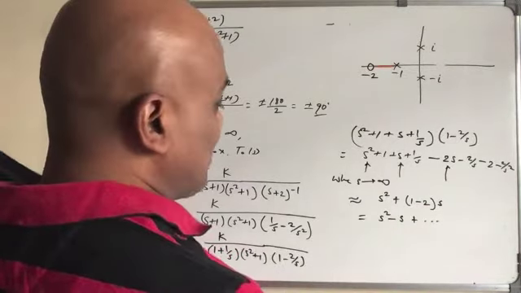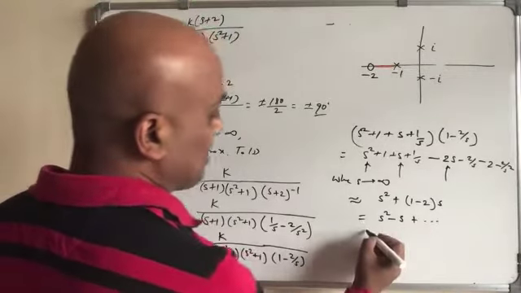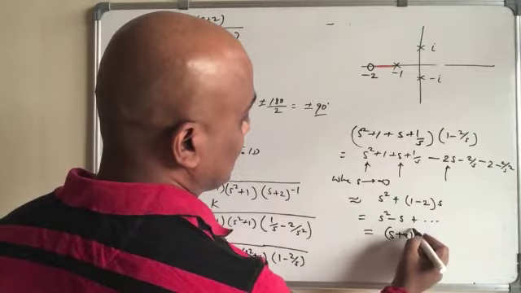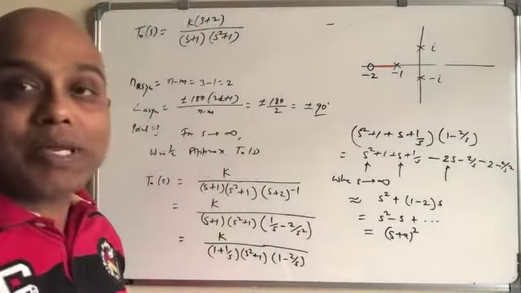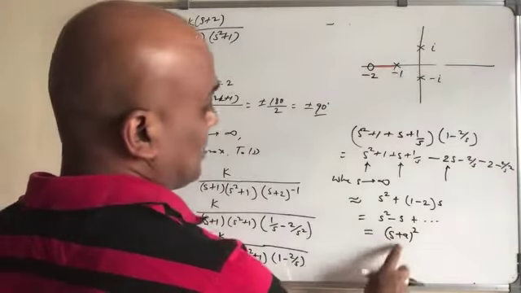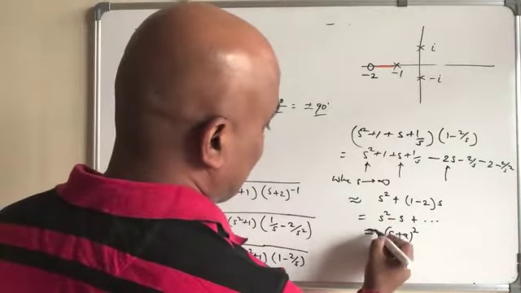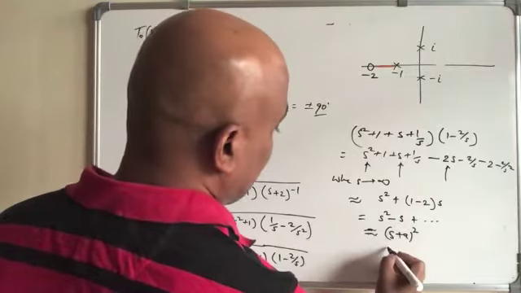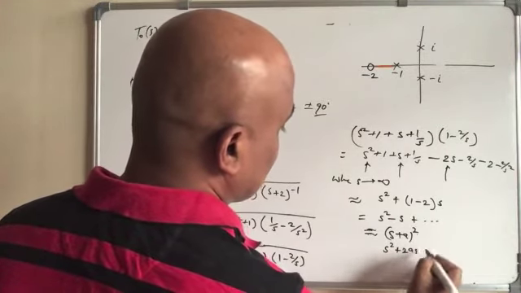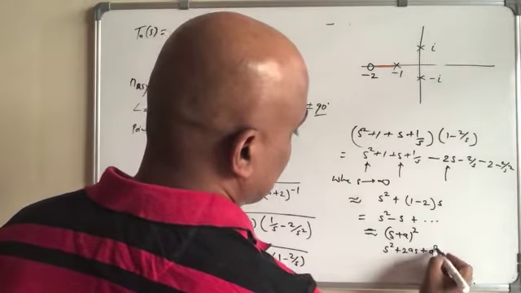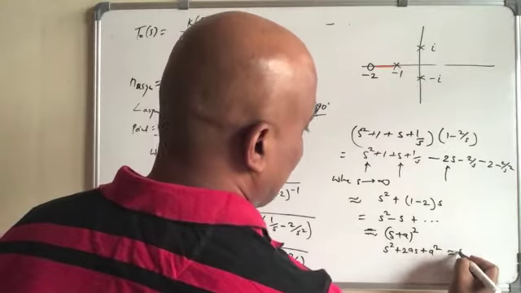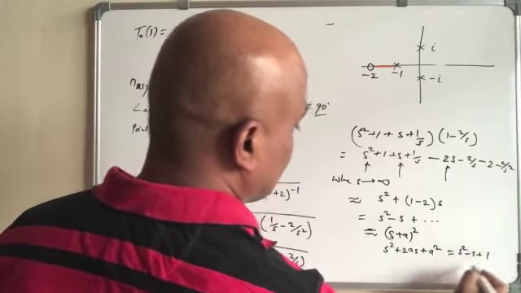Now this minus 2 term becomes minus 2 here. Next, we write in terms of s plus a square, such that we get this term. So we have s square plus 2as plus a square, and we are equating that to s square minus s plus 1.